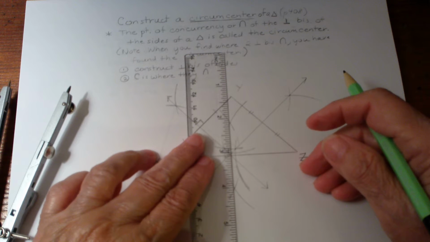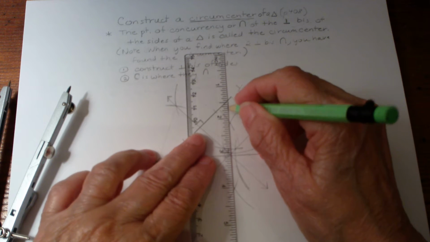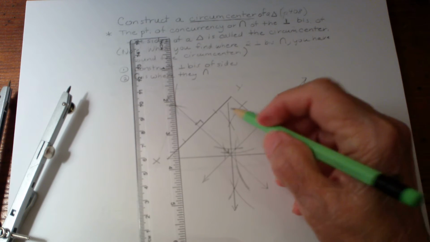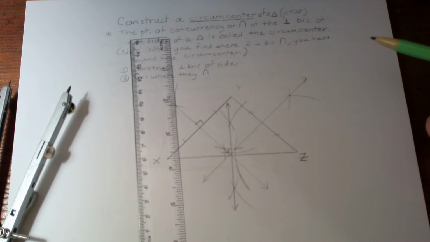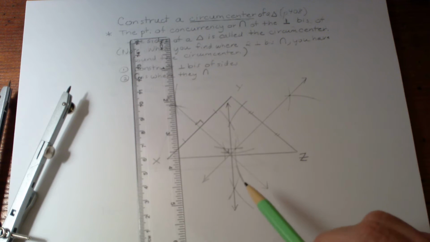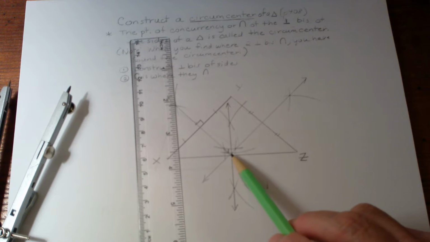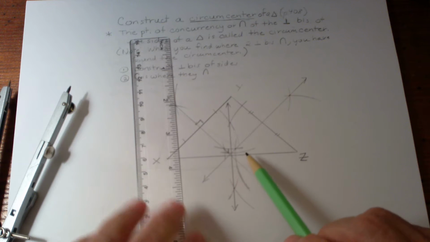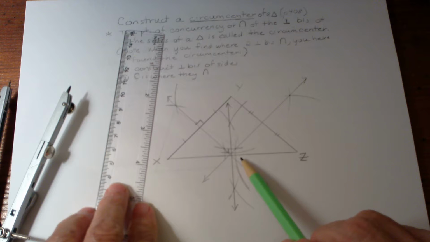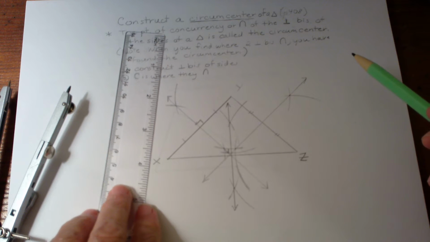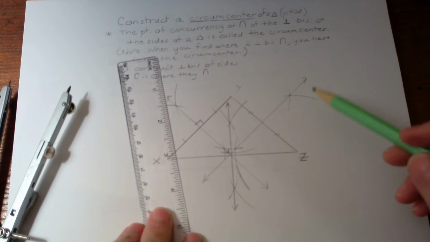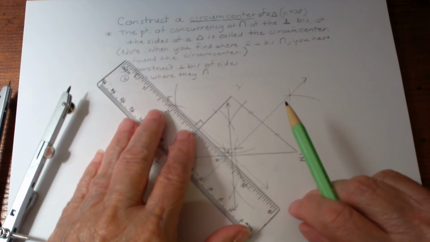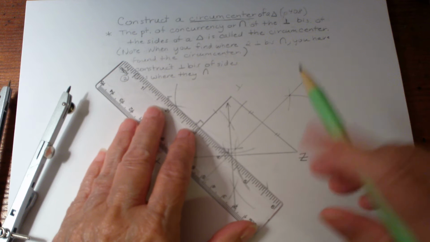Now, if I've done it correctly, the three perpendicular bisectors should all intersect at the same point. But again, they do not exactly. Do you see that? And I don't know if it's because of my movement or my original drawing of two lines. When I did these first two and then I did it again, I tried to extend it.